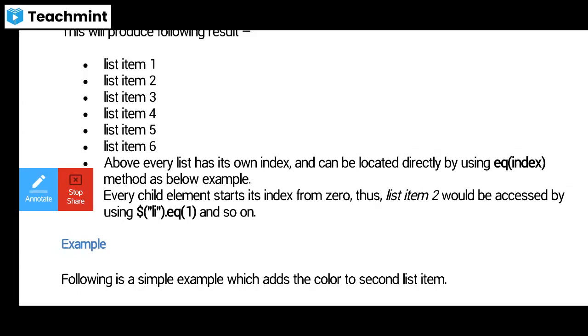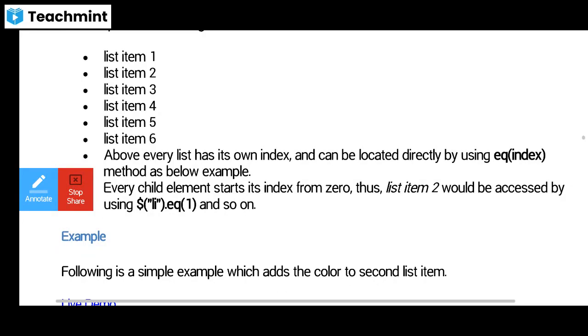If we select 0, list item 1 is going to be displayed. Whenever we need to select list item 2, here we need to specify equivalence of 1.